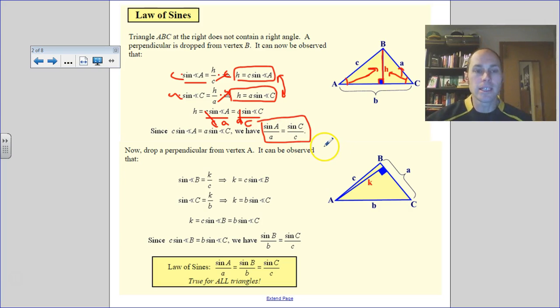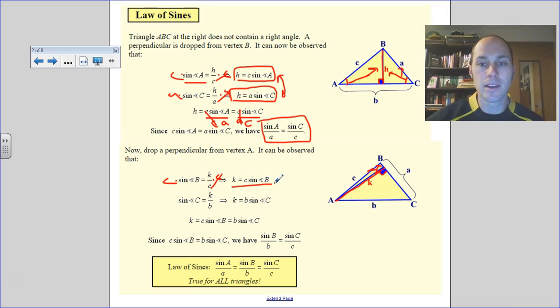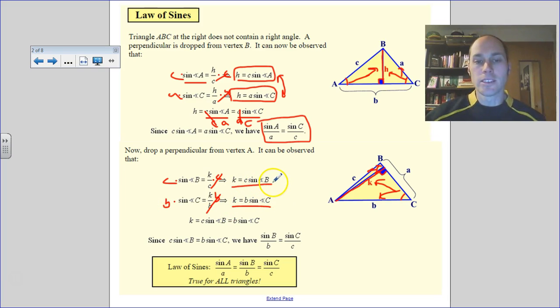Okay, so now we can take the altitude from A down to its opposite side and do the same thing. If I'm looking at angle B, opposite over hypotenuse, so K over C. Multiply both sides by C, I've got K equal to C times the sine of angle B. Look at angle C, since this is a right triangle, opposite over hypotenuse, so K over B. Multiply both sides by B, I get K equal to B times the sine of C. Transitive property states that if K is equal to both of these, they're going to be equal to each other.